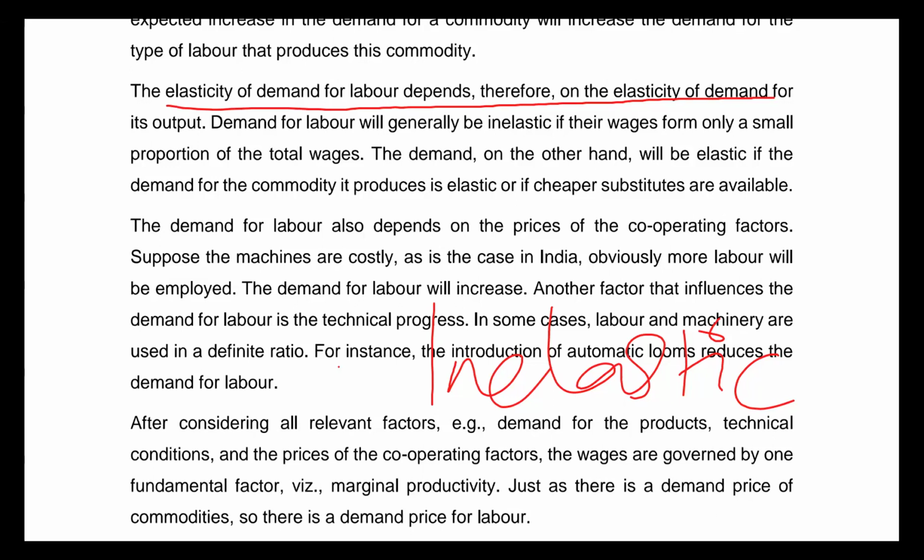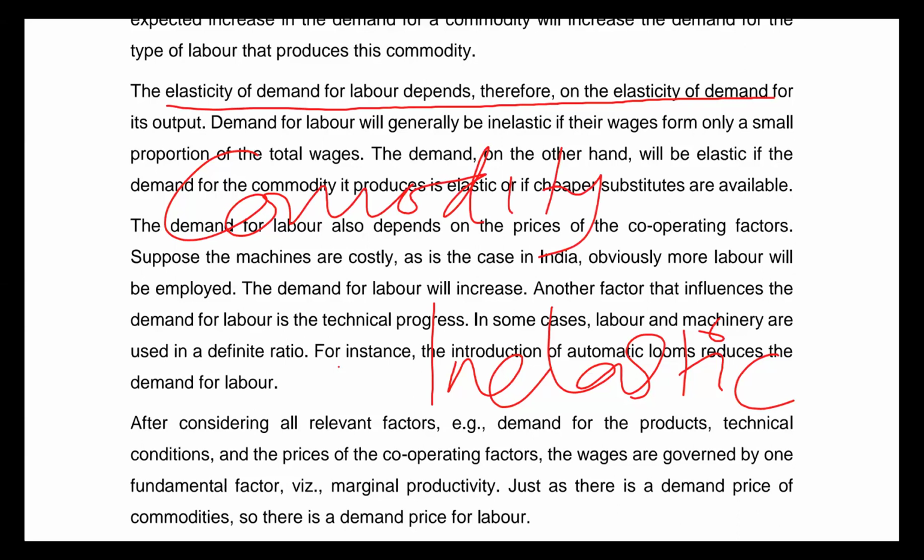So it's about what is the demand for the commodity the labor produces. I'm emphasizing on that. So the elasticity of demand is based on the elasticity of demand for the product or the commodity that is being produced.